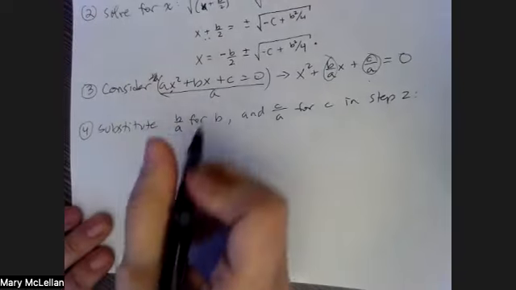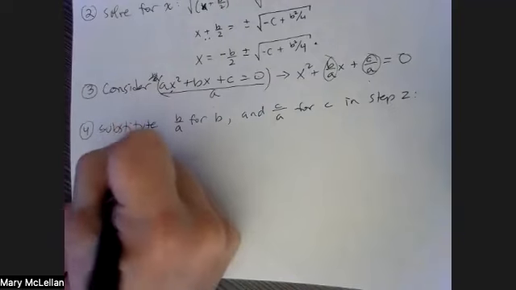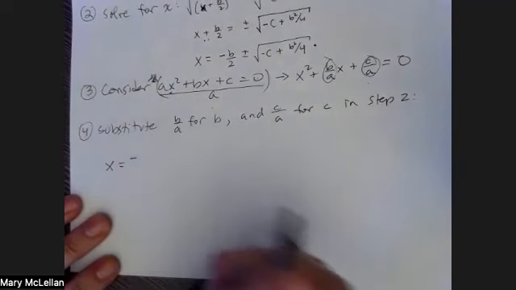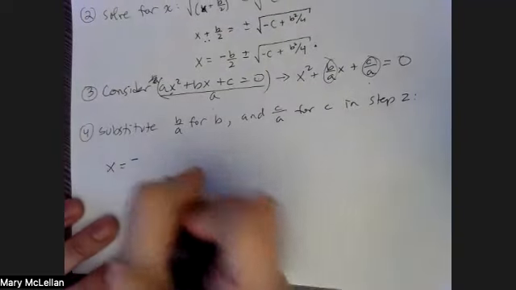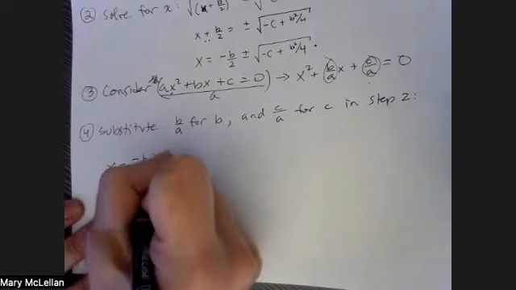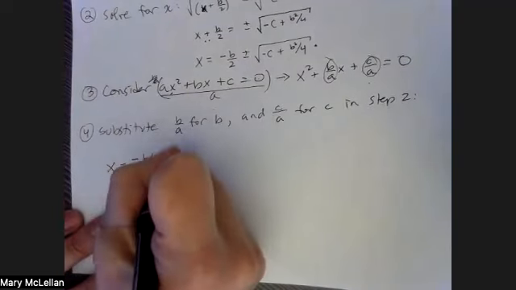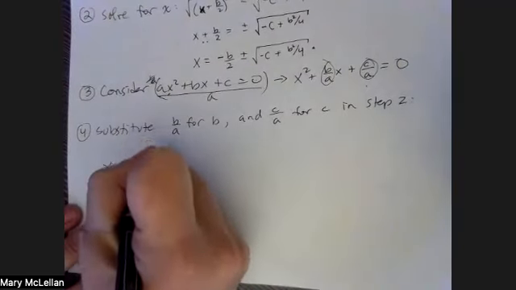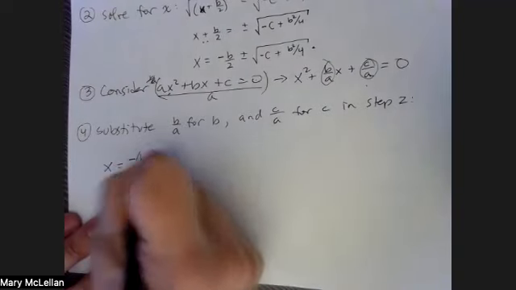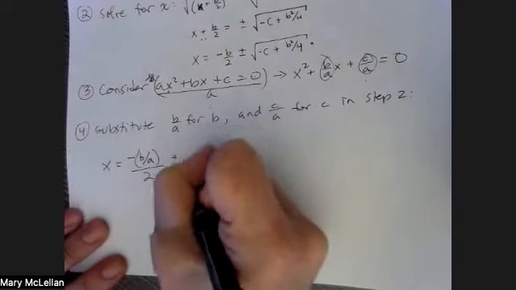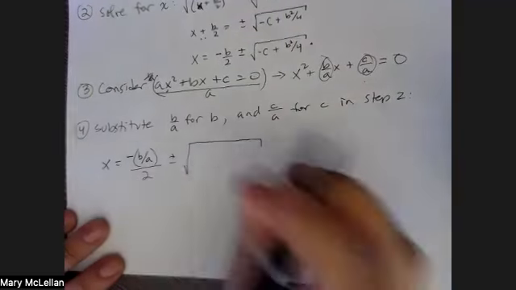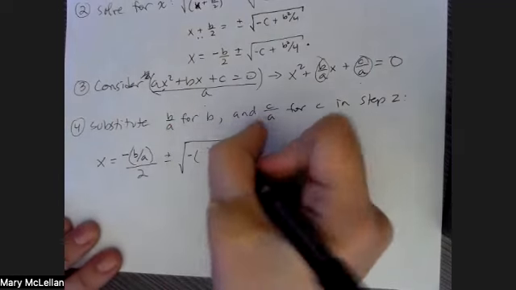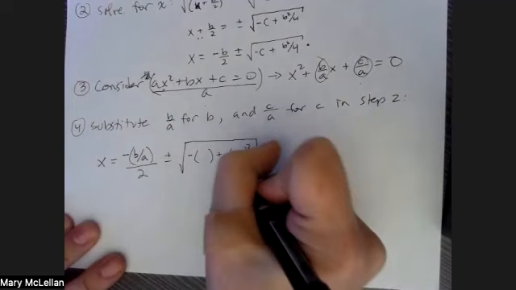So from step 2, I have x is equal to negative b over a over 2 plus or minus the square root of negative c plus b squared over 4.